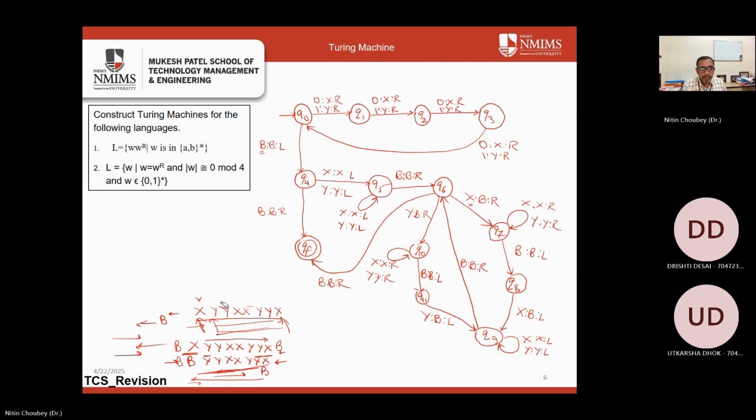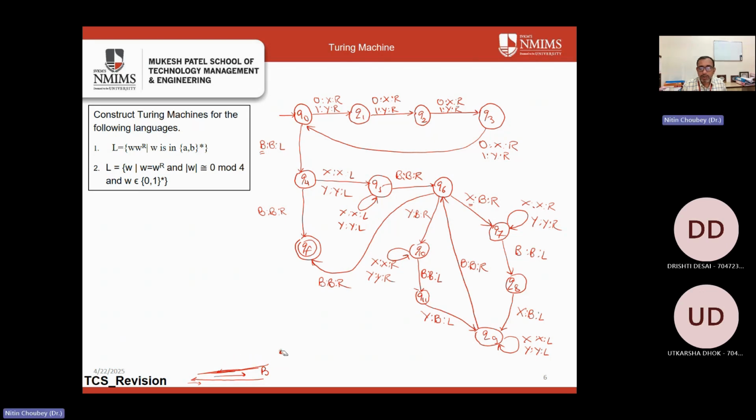While doing this, in order to see that we are not counting any symbol again, we have replaced all zeros with X and all ones with Y. Is this clear? Yes. Length 1, length 2, length 3, and length 4. This is what we achieved through Q0, Q1, Q2, and Q3.